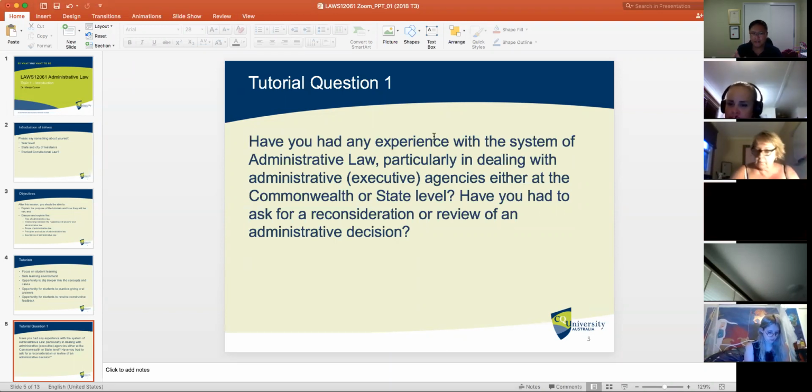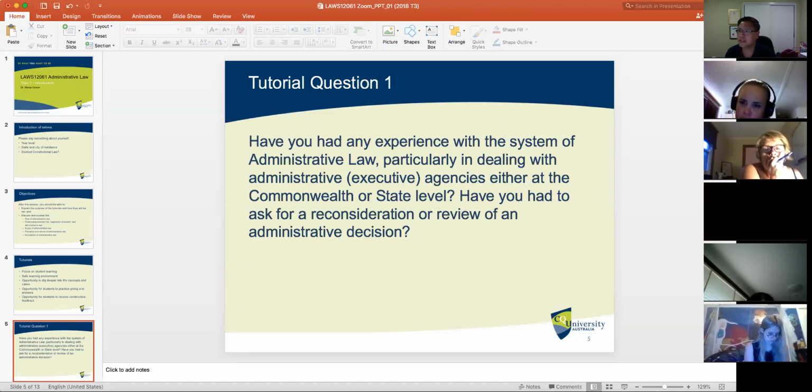On the other hand, if you look at a non-matter, you will see that there is actually no controversy, because there is simply a decision made by the executive that impacts on an individual. Now, we're going to have more chance to talk about this later on.